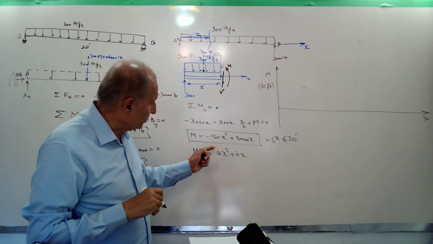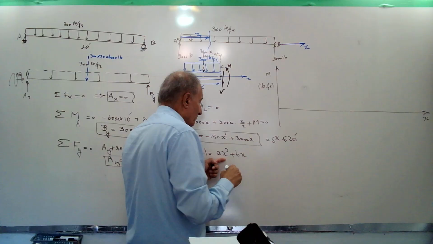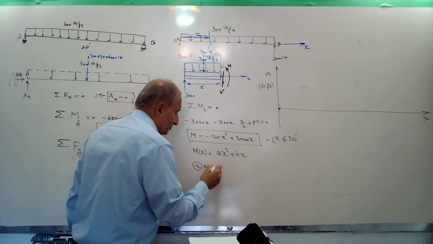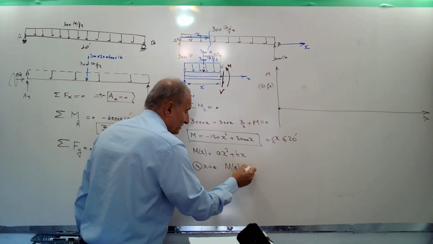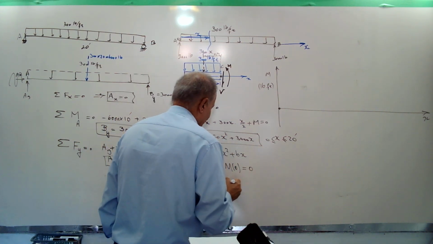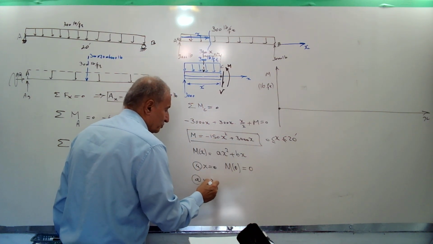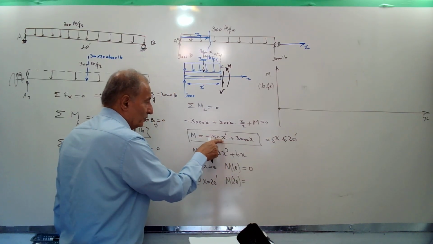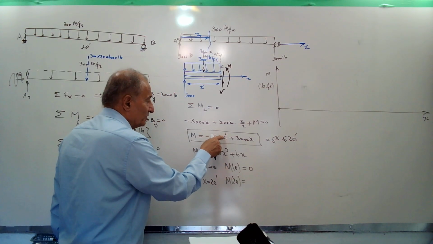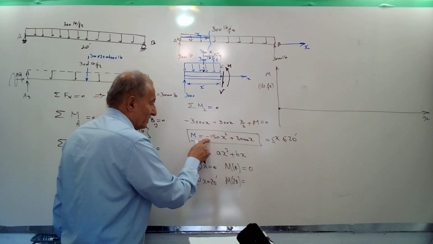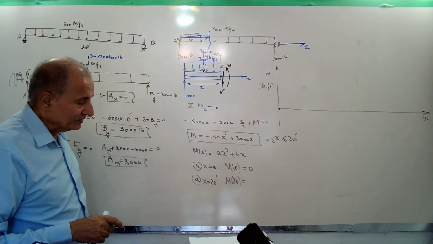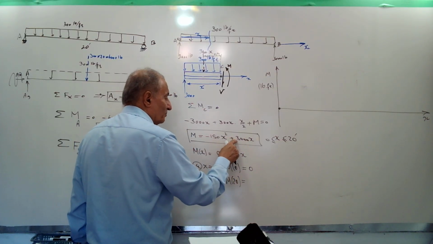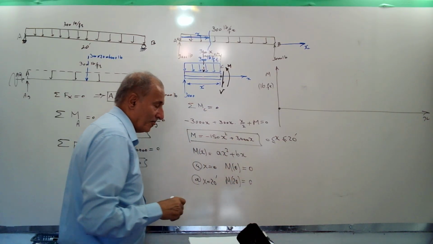At x equal to 0, M at 0 is 0. At x equal to 20 feet, M at 20 is also 0: 20 squared is 400 times 150 is 60,000, minus 60,000 plus 60,000, 0.